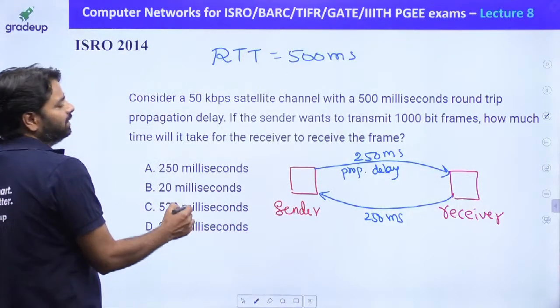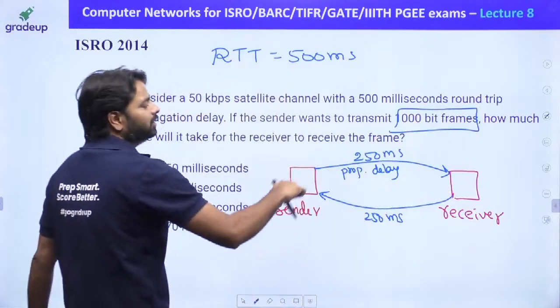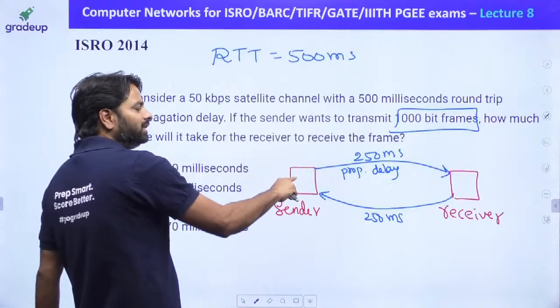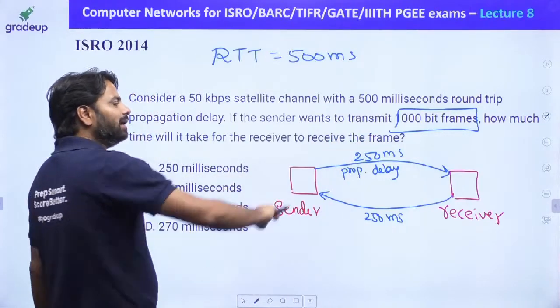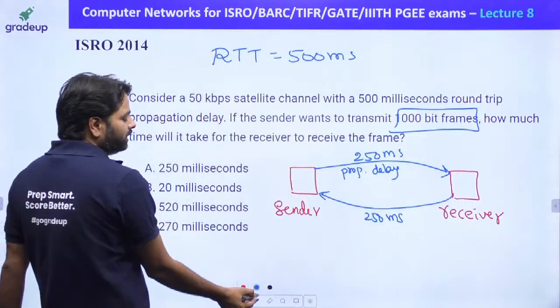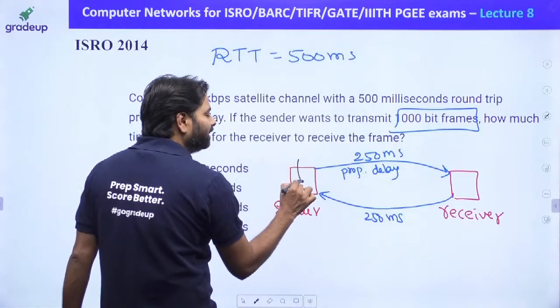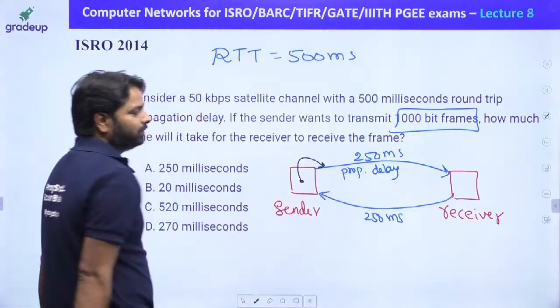Now you want to send 1000 bit frames from here to there. 1000 bits from here to there. And the time is given already. So propagation delay you got as 250 milliseconds. Just you need to calculate how much time it takes to transmit the data onto the channel.